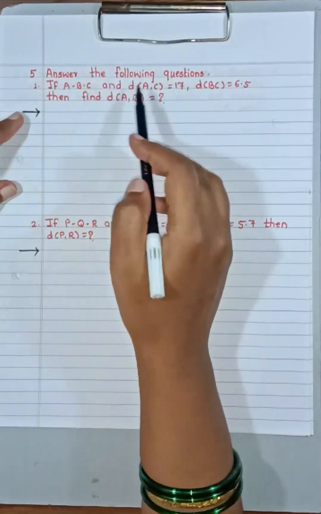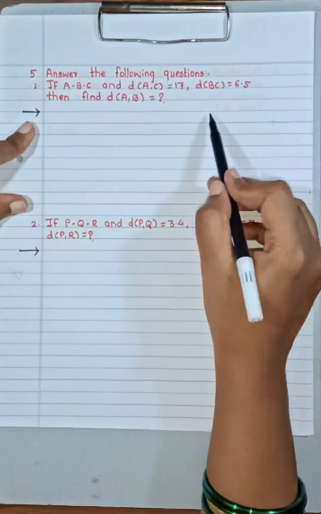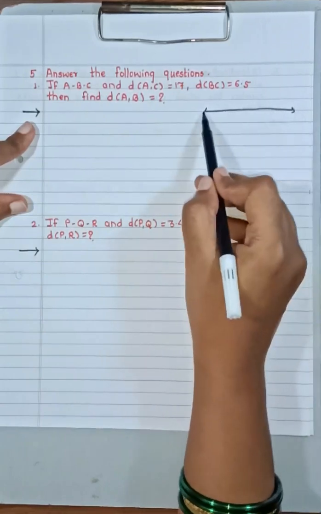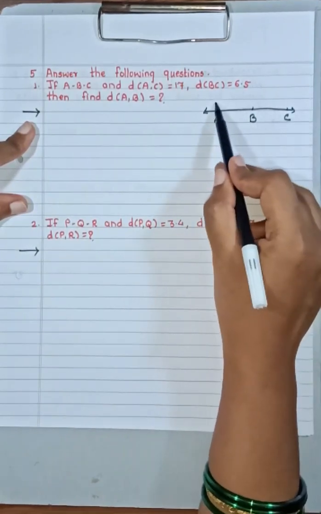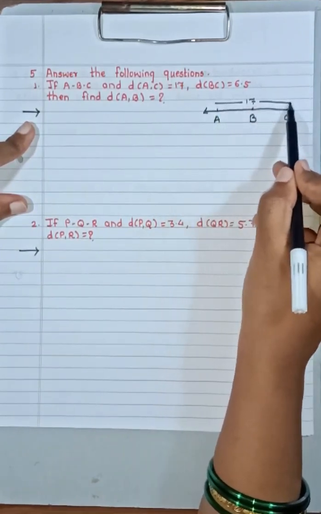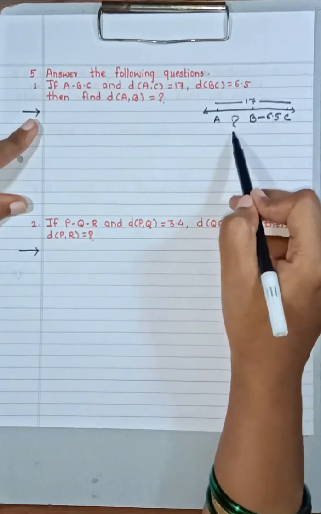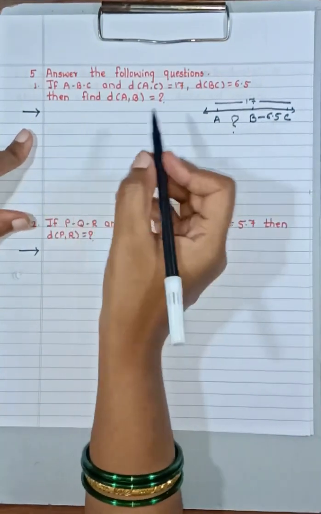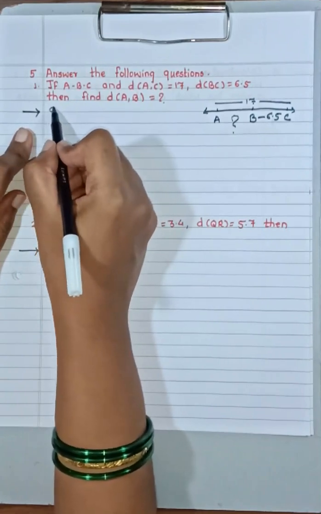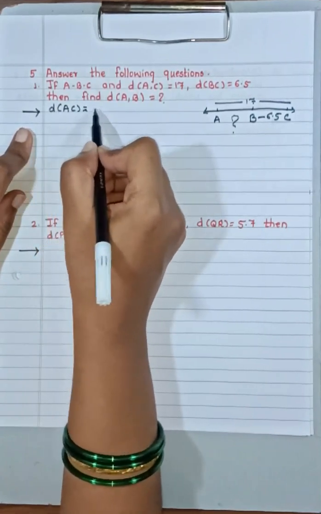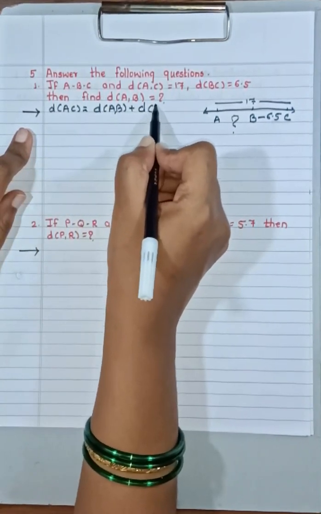Now children, answer the following questions. If A-B-C, and distance AC is 17, now just consider this line. How are the points on this line? A, B and C. Distance AC is 17, distance BC is 6.5, and you have to find AB. Now you very well know that distance AC is equal to distance AB plus distance BC.